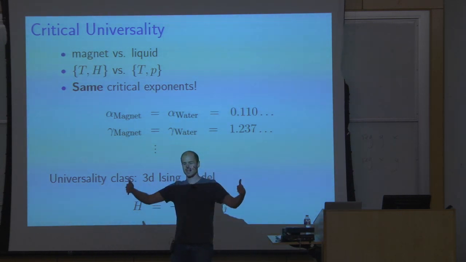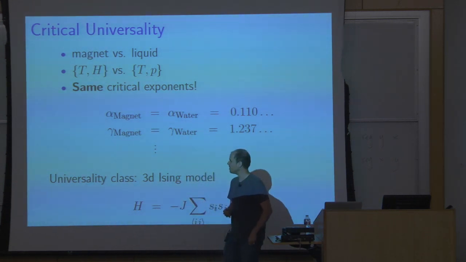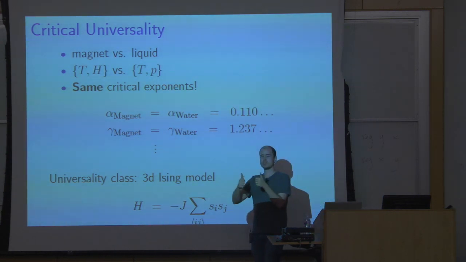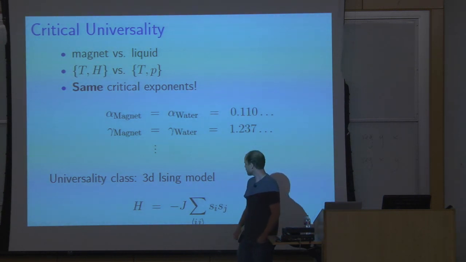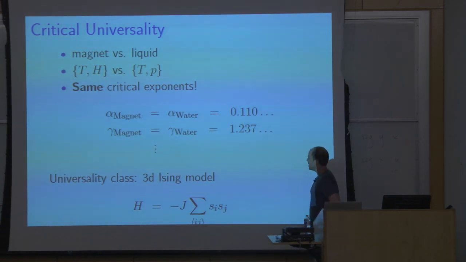So you have a lattice, and there's a spin on each site, a classical spin that can be either plus or minus 1. And the Hamiltonian is just a sum of products of nearest neighbors with some overall coupling J. So this is a statistical system that you can study. You can write down its partition function and try to do computations with it. And it's supposed to be a model for a magnet.